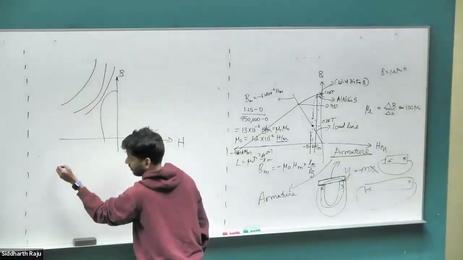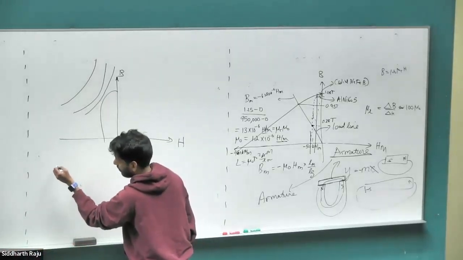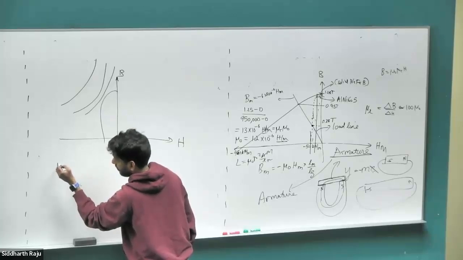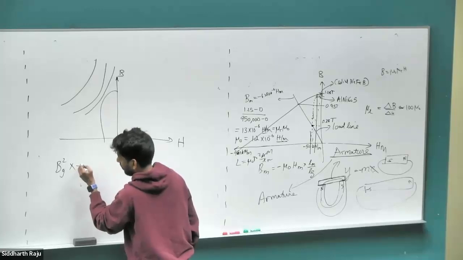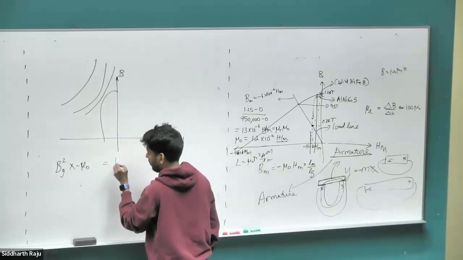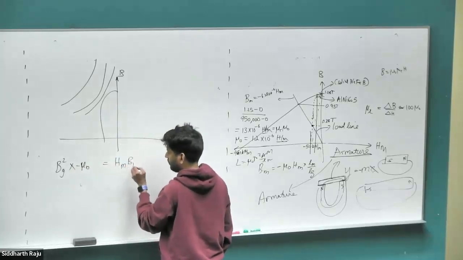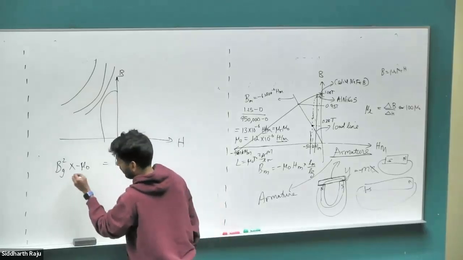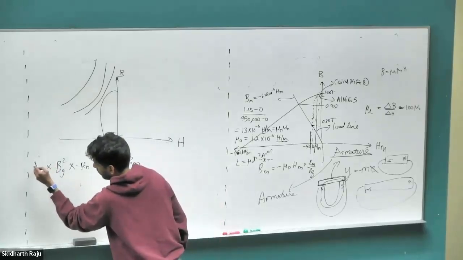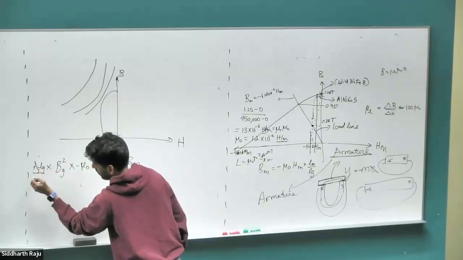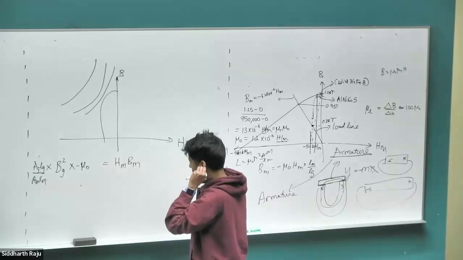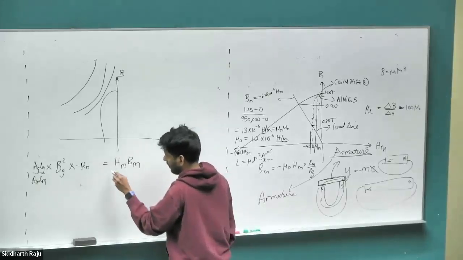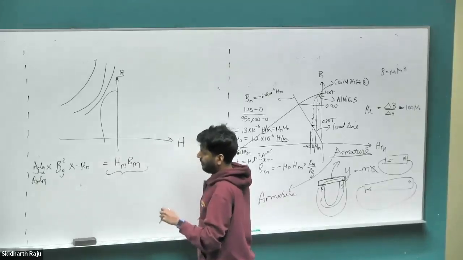So let's look at HMBM in terms of Bg squared times negative mu naught, divided by AMLm, right? So we want to increase as much energy as possible in the magnet.